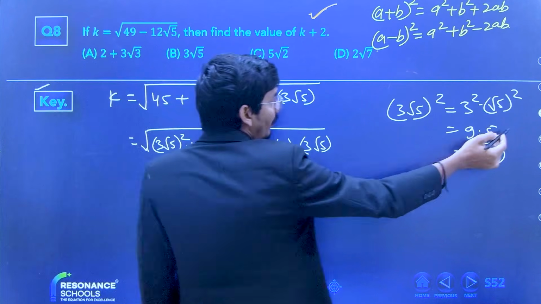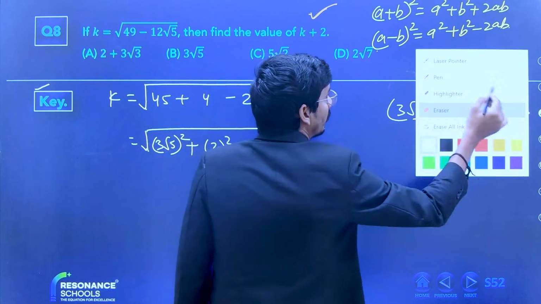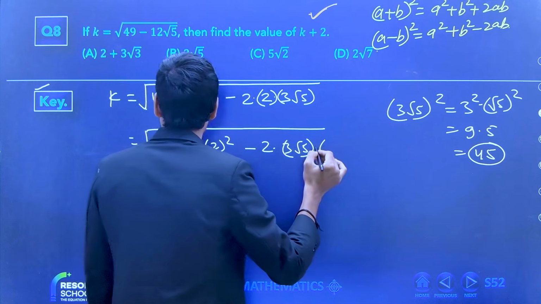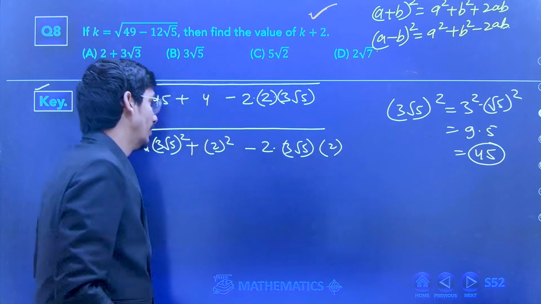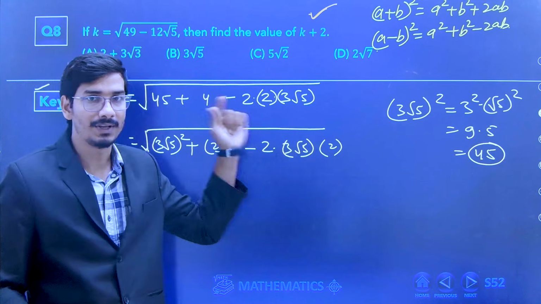So in the same way you can write here also, that is 3 root 5 and 2, a squared plus b squared minus 2 times a into b.